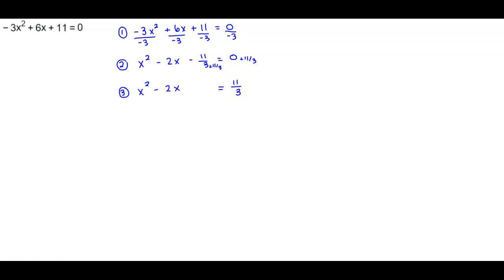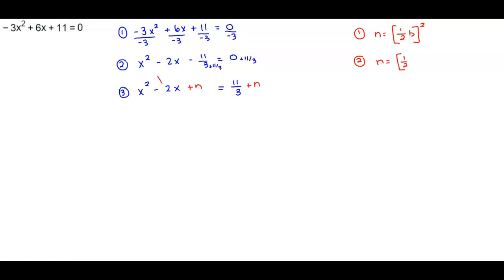Now we need to complete the square by adding n to both sides of the equation. Now remember, what does n equal? n is equal to 1/2 of the value of b, and then we're going to square it. So for step 2, n is going to equal 1/2.